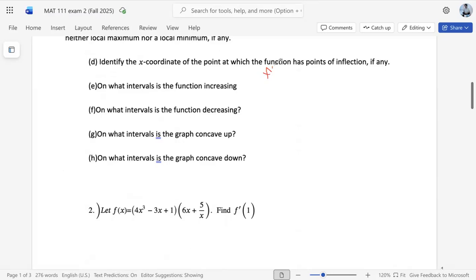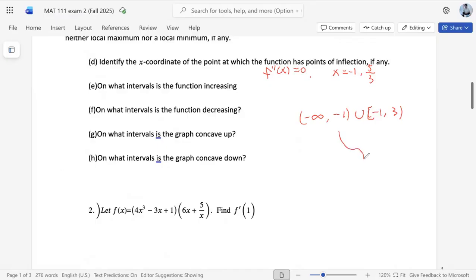So we solve second derivative equals 0. Then we solve for x. So x equals -1 and 5/3. So E, on what interval is the function increasing? Right, now we know from negative infinity up to -1, union -1 up to 3, the function decreases.